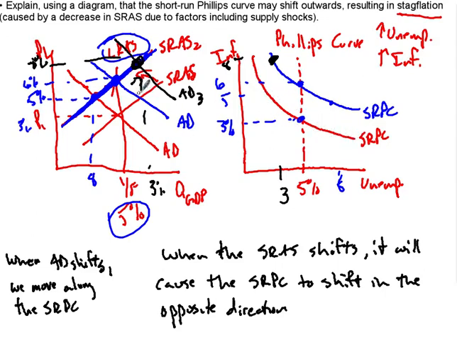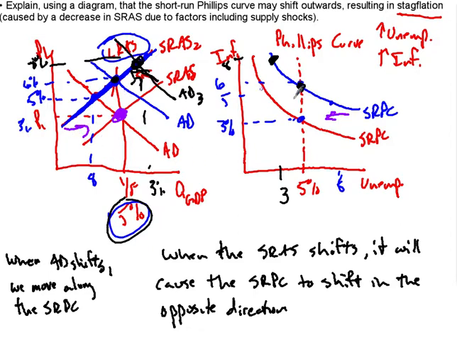And if the short run aggregate supply shifts, and in this case it shifted left, we have a new frame of reference. So at 5% now our expected inflation is 6%, and so it gives us basically a new anchor. All right, and so what if short run were to shift back to the right? All right, so if short run shifted back this way, that would cause the short run Phillips curve to shift back again, because now our new full level of unemployment inflation rate would be back at 3%.